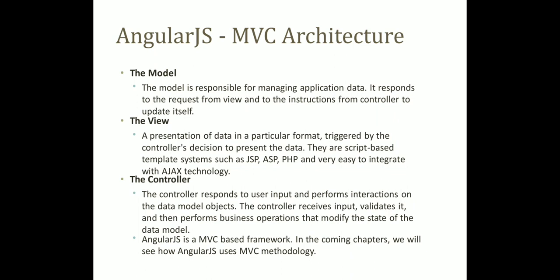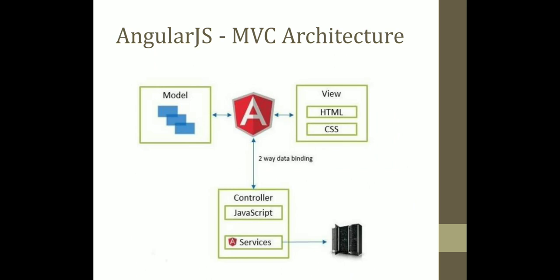Then the AngularJS is a MVC based framework, and we will see how AngularJS uses MVC methodology. So we will see the MVC architecture with diagram, and there are basically three parts which are clearly defined: what is model, view and controller.